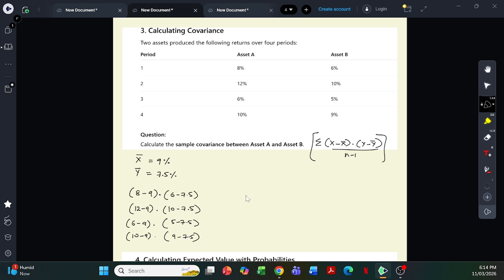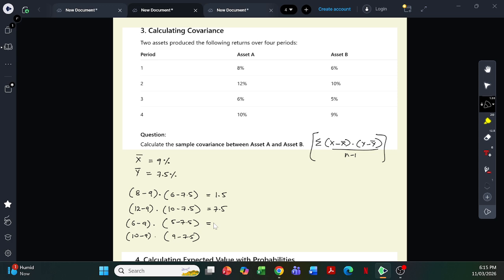Okay, so this is going to be minus 1 multiplied by minus 1.5, so this is 1.5. This is 3 multiplied by 2.5. Okay, that's 3 multiplied by 2.5, which will give us 7.5.